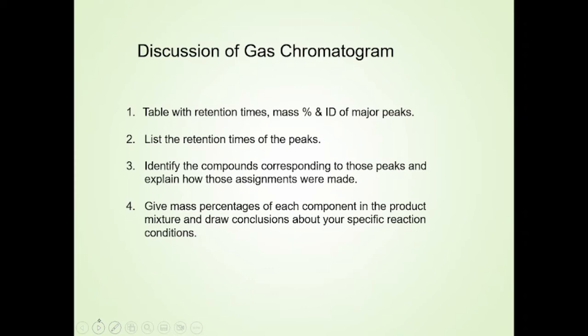So with the gas chromatogram, you list the retention times of the peaks and then identify the compounds. And so in the discussion, you're going to talk about how you made those identifications as well, which would be, these two peaks were identified by the mass spectra as the alkenes, and NMR indicated the major isomer is the trans, therefore the larger peak is the trans, and just how you made that identification.